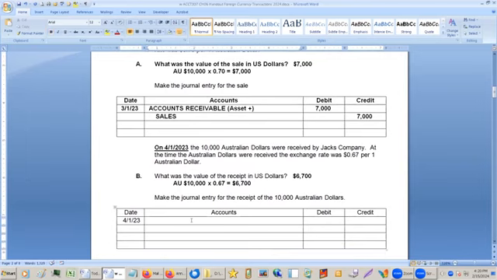So that is going to be our cash. It's an asset going up.